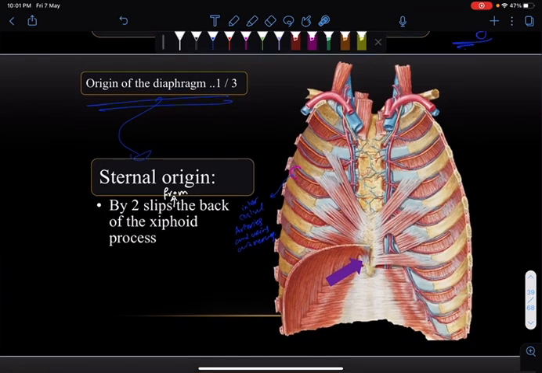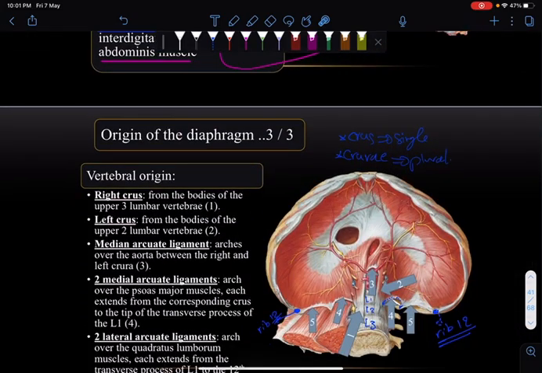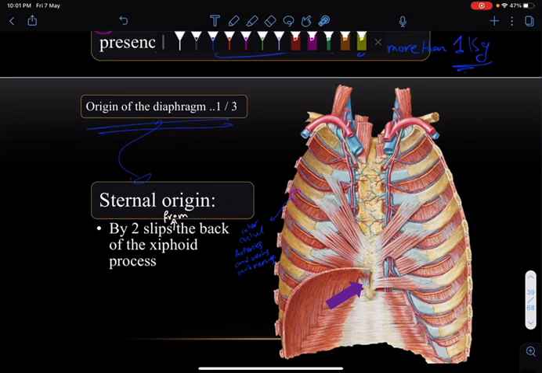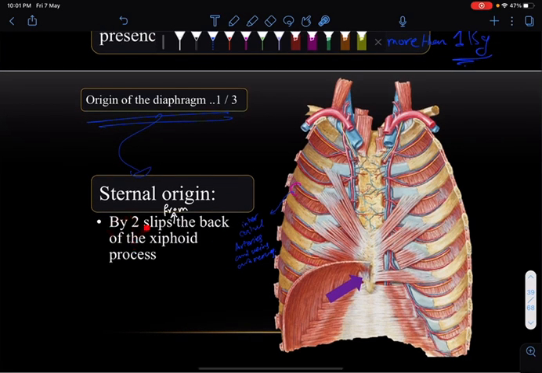And the origin of the diaphragm: the muscles forming the diaphragm have their origin, as we said, from the circumference. There are three: sternal origin, costal origin, and vertebral origin. Sternal origin is by two slips of muscle from the posterior surface of the xiphoid process. The xiphoid process is the most inferior part of the sternum.